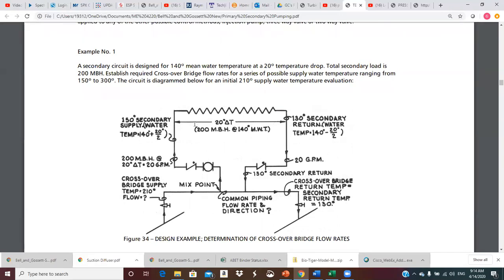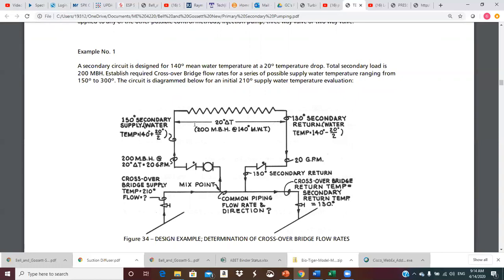The secondary circuit is designed for 140 mean water temperature at a 20-degree drop. Mean water means that's the average of the secondary supply and the secondary return.